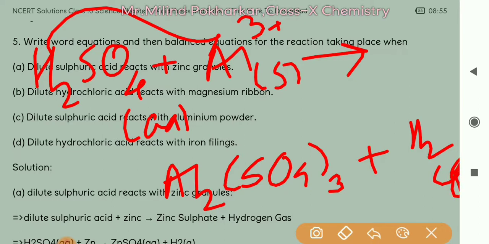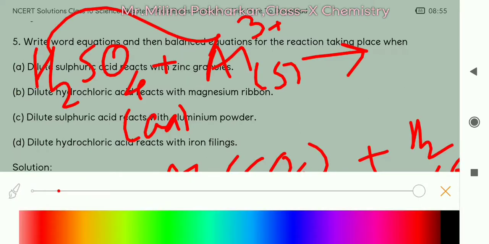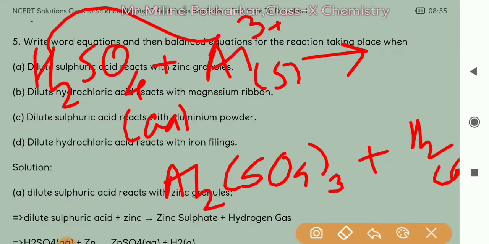Now let us balance it. H2SO4 and Al2(SO4)3. Aluminium is 2 on the right, so we have to make 2 aluminiums on the left.